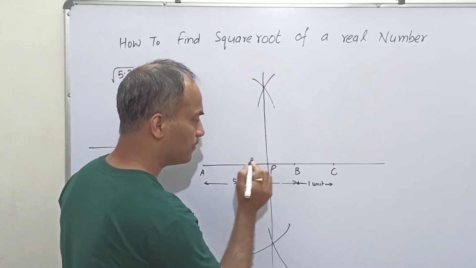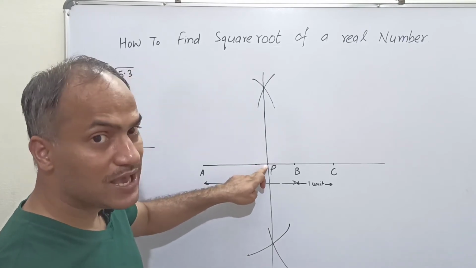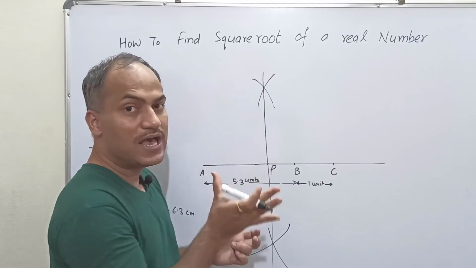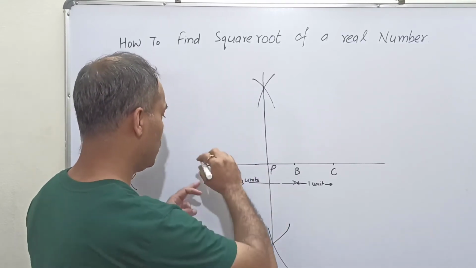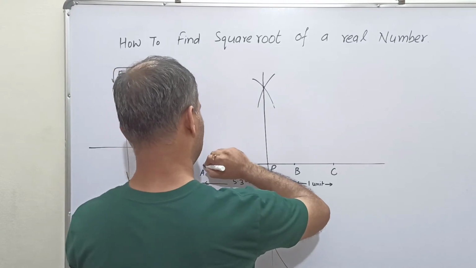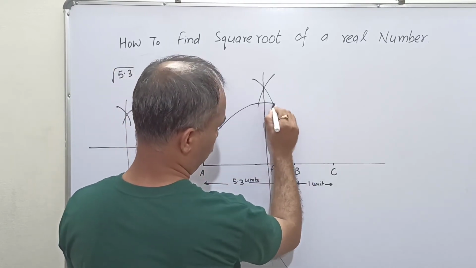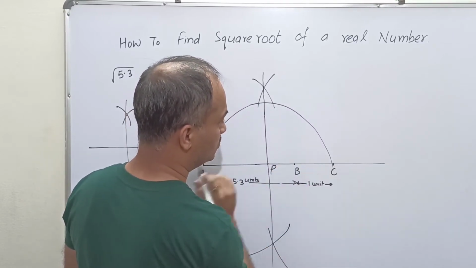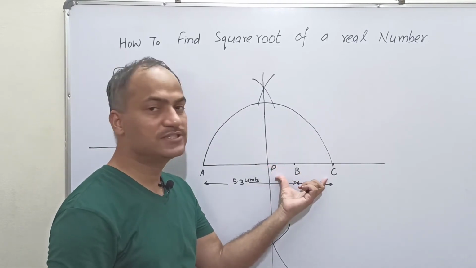Suppose I take P. This is midpoint P. With this P as center and PC or AP as radius, now we have to draw the semicircle. So this is our semicircle, and this radius is PC.